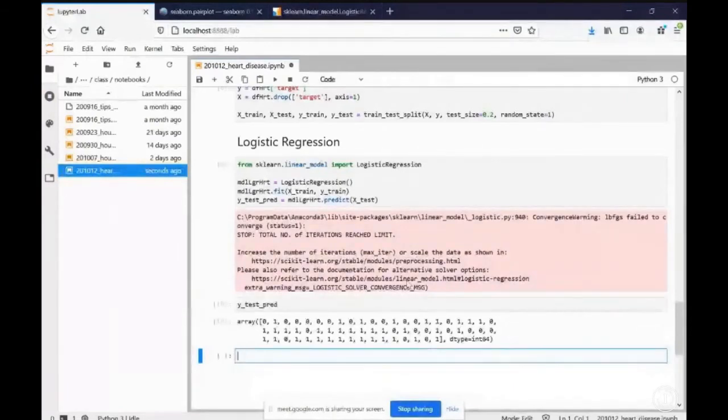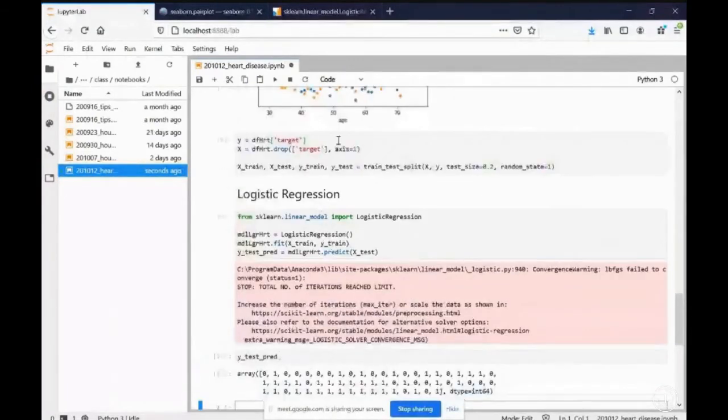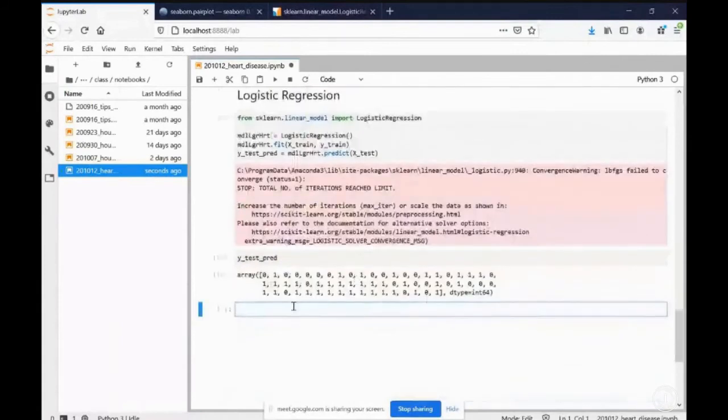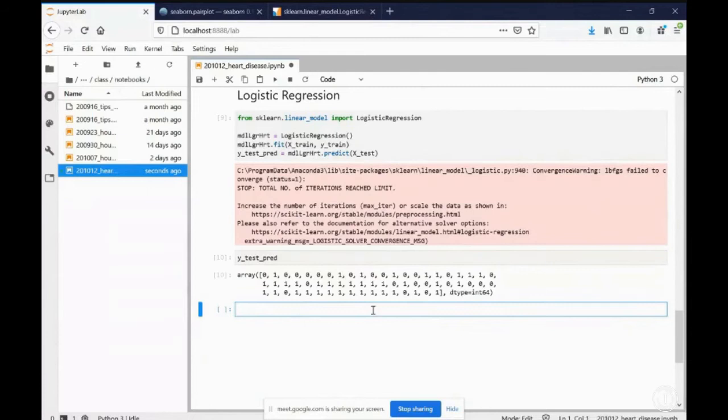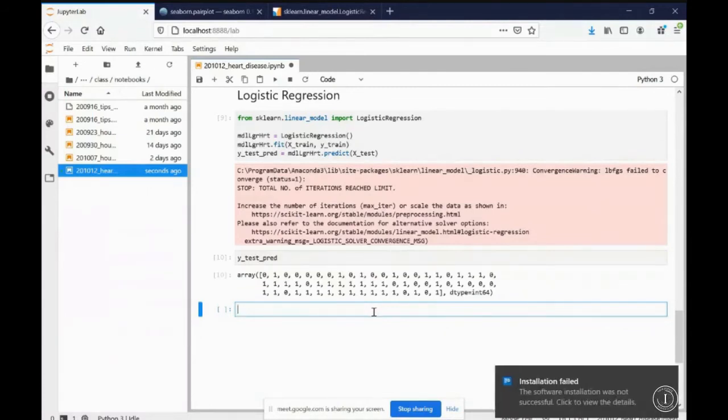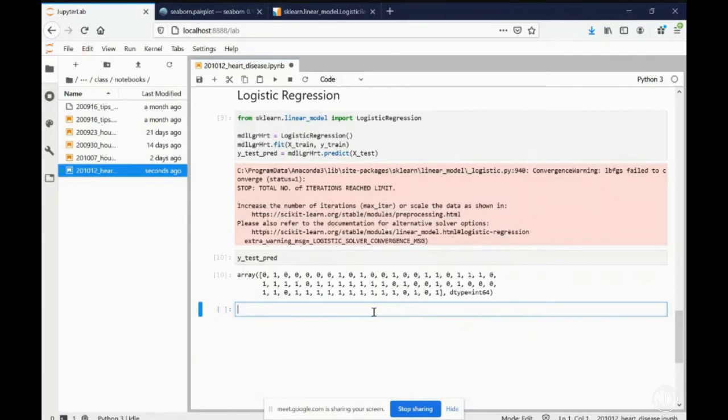All right, so we've got our y_test_pred, but how do you decide whether this is a good result or a bad result? Remember when it came to linear regression, or when we were looking at continuous values, we were looking at the absolute error between the target and our prediction versus the actual.